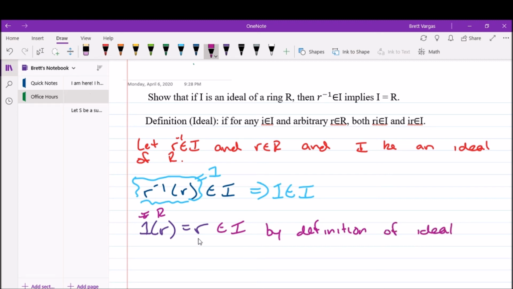And since this R is the same as this R, this implies that I is equal to R.